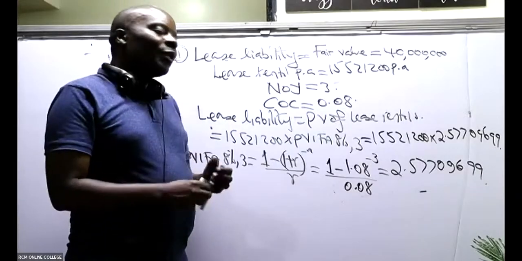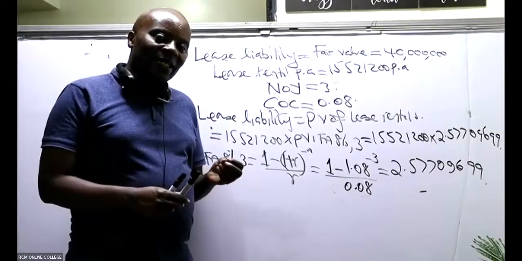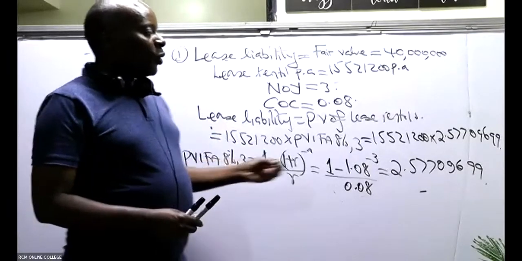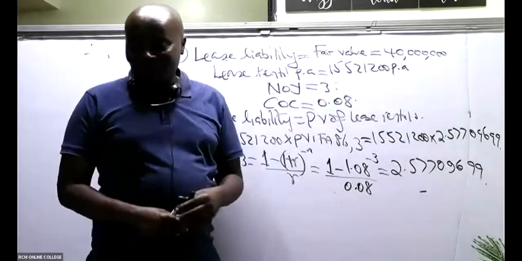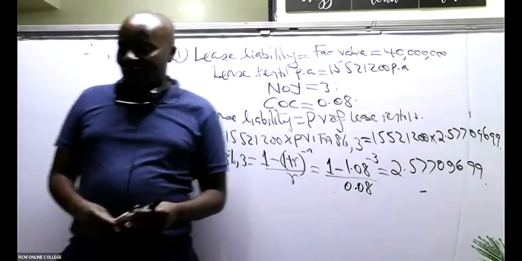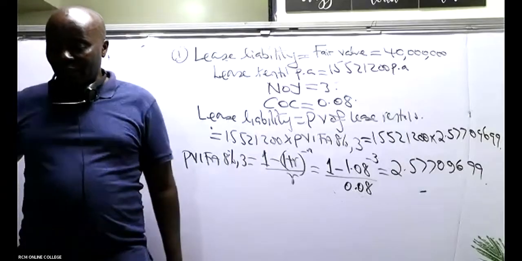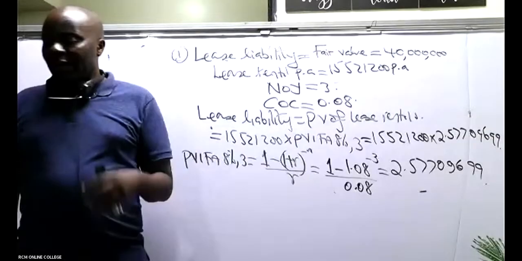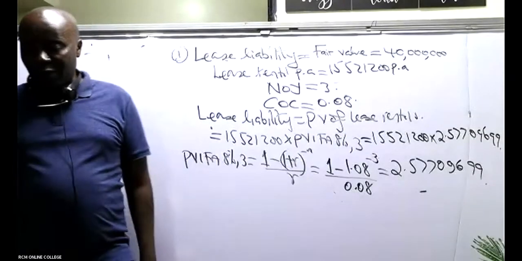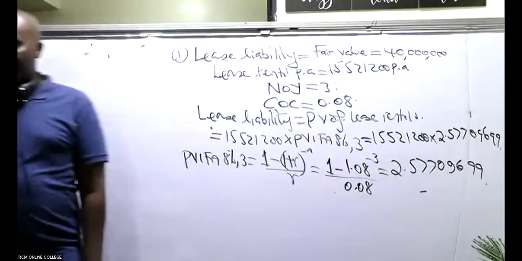Of course, there will be rounding off errors still. But most importantly, whatever figure we get here will be very close to this 40 million. Is there somebody who is able to confirm? It may be 39, blah, blah. It's going to be very close to that 40 million.